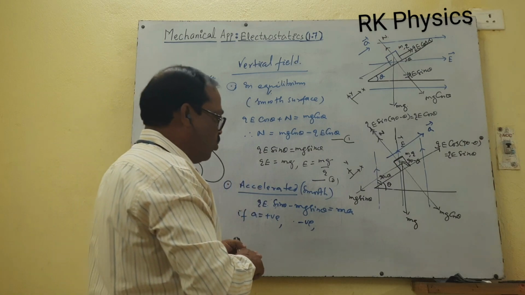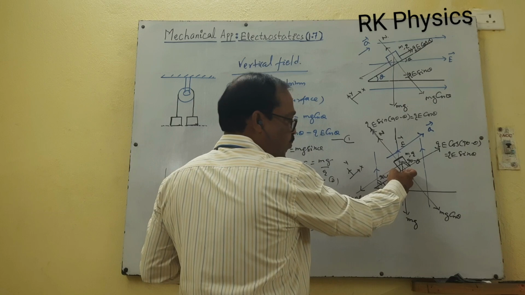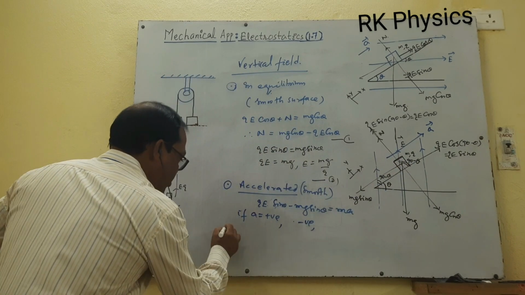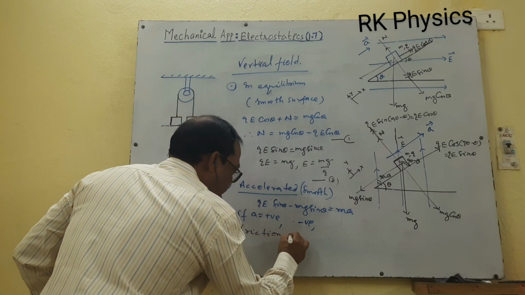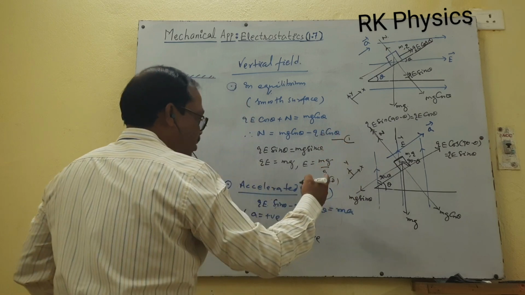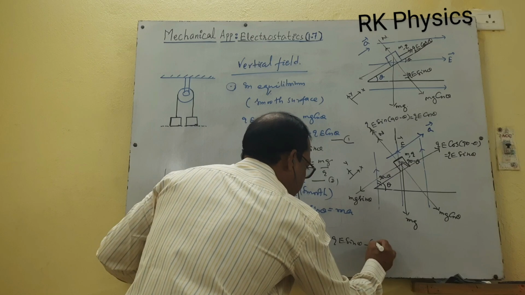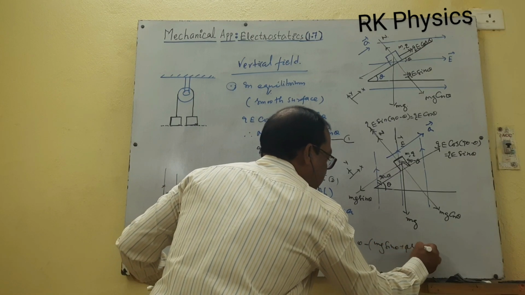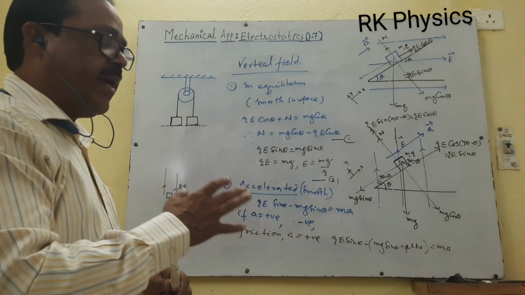And if you want to take, suppose a is positive, in the presence of friction. That means the body is moving up. Then you take QE sin theta minus mg sin theta plus mu n, equal to ma.